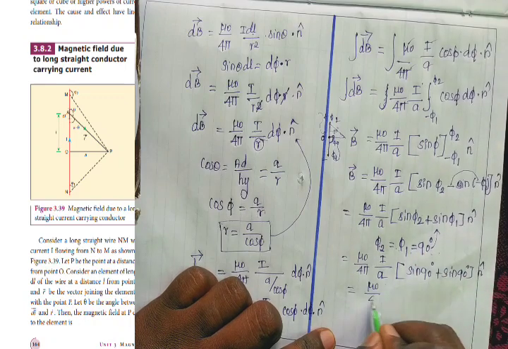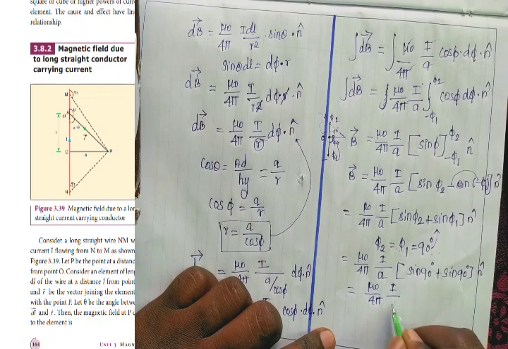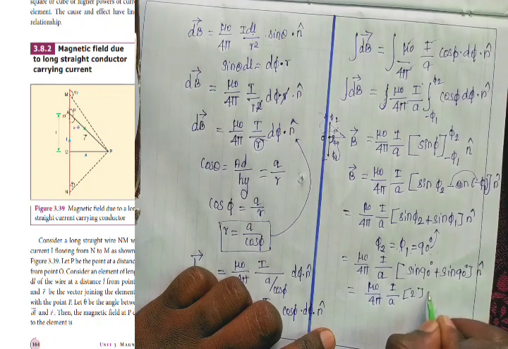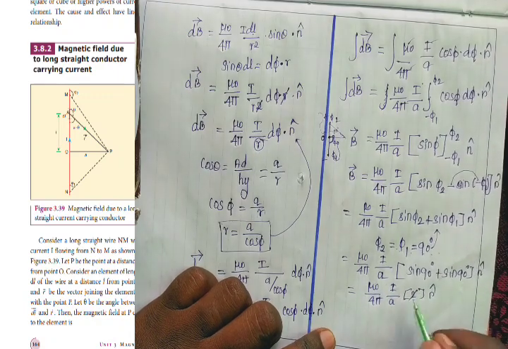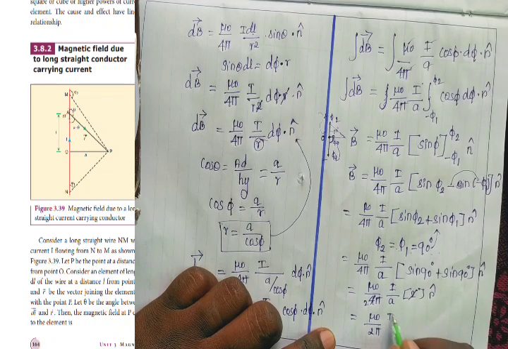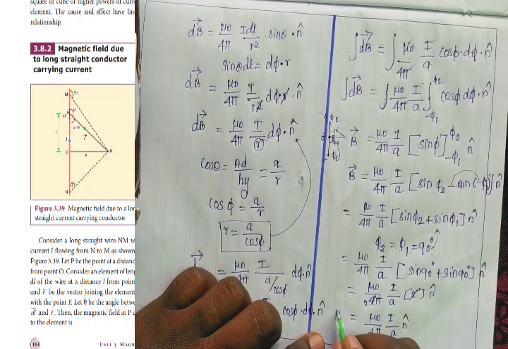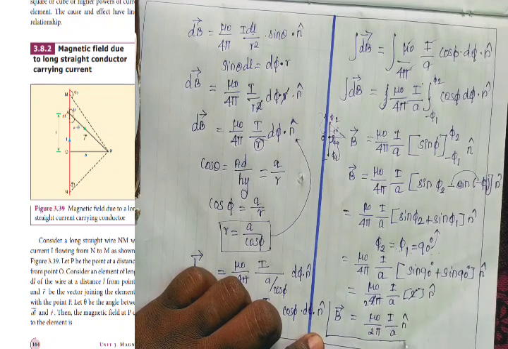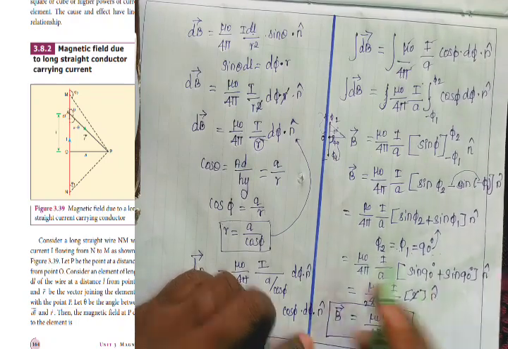So μ0 divided by 4π, I divided by a, value 2, unit vector n cap. The 2 cancels, balance 2. So μ0 divided by 2π, I divided by a, unit vector n cap. So this is the total magnetic strength of the conductor.